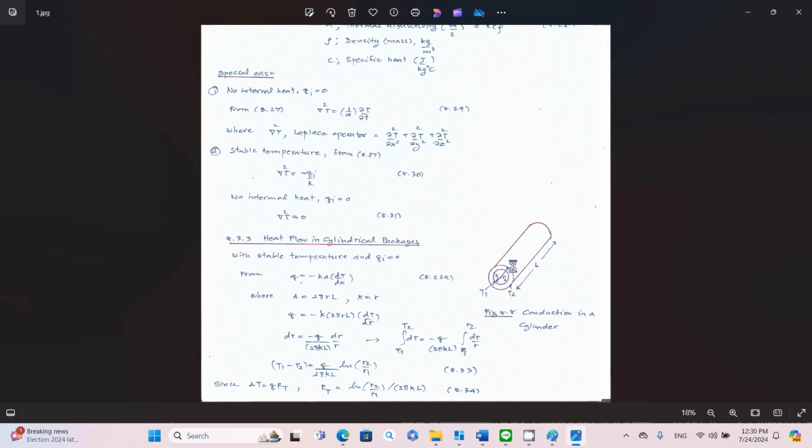L is the length of the cylinder. Whereas if you have the thermal conductor in rectangular shape, you know that your RT is equal to L over KA, right?